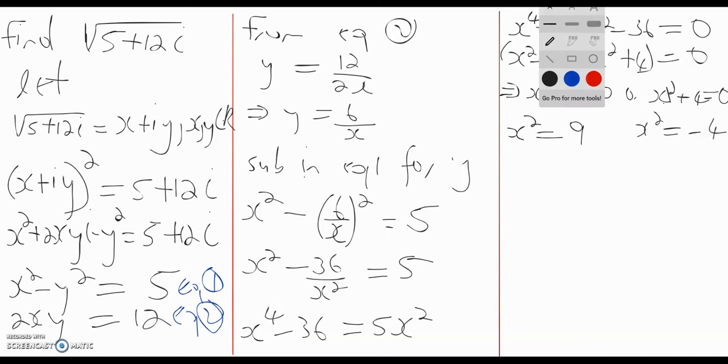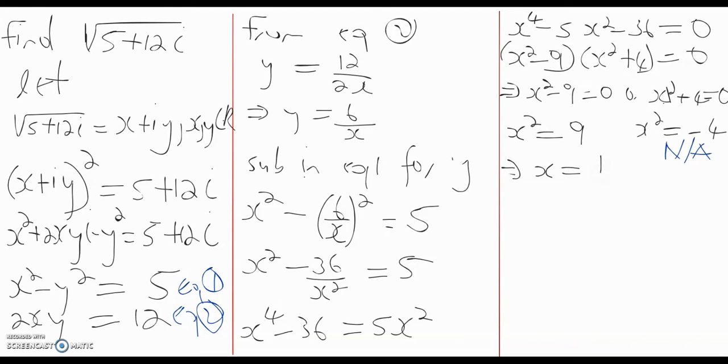Of course, x squared being equal to negative 4 is not applicable, because bear in mind we said that x and y represent real numbers, so that is out. That's going to be a complex number. Now, if x squared is equal to 9, this would imply that we take the square root of 9, which means that x would be equal to plus or minus 3.